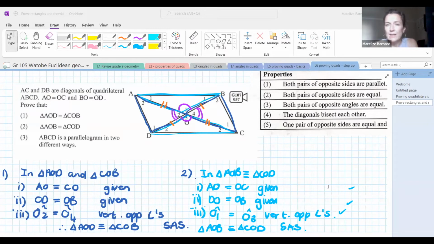So put in the chat, which 2 ways do you think we've got? I'm waiting for more answers, guys. 52 people. Two ways.